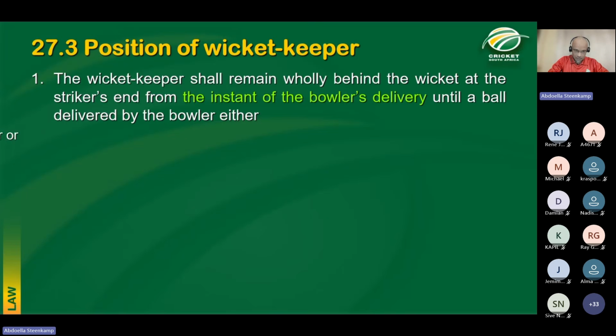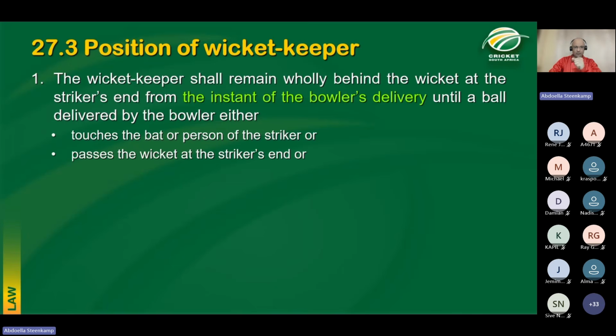Unless, and there are three exceptions. As soon as the ball touches the bat or person of the striker, the wicket keeper can come in front of the stumps. Otherwise, keeper needs to stay behind the stumps from the instant of the bowler's delivery. Second instance: as soon as the ball passes the striker's wicket, the law allows the keeper to come in front of the stumps.